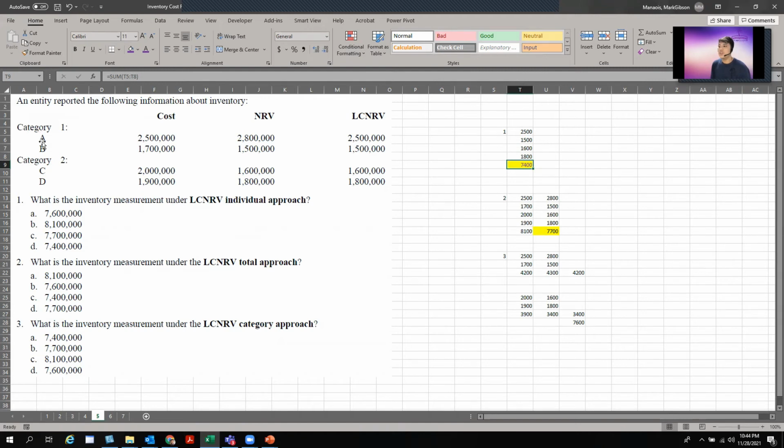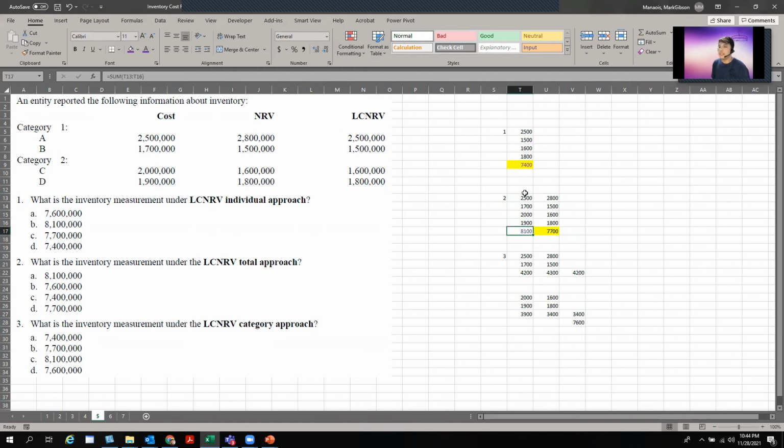No? So number 2 naman, ang kailangan natin is total approach. No? So in this case, we just have to get the sum. No? Pag total approach, kunin lang muna natin yung 2.5 plus 1.7 plus 2 million plus 1.9. So ang total nitong apat is 8.1 million.